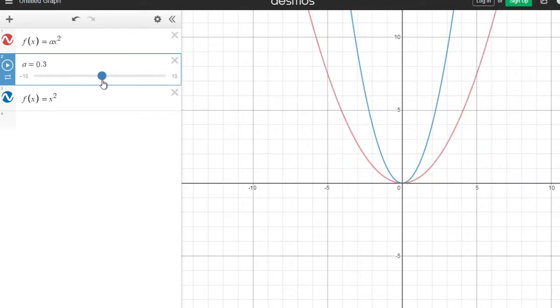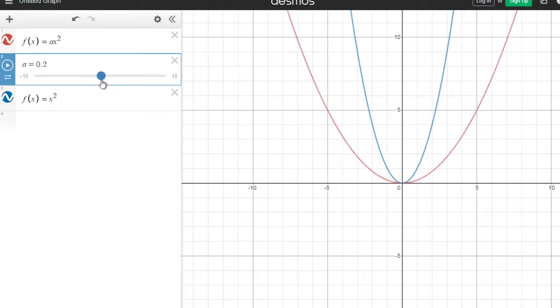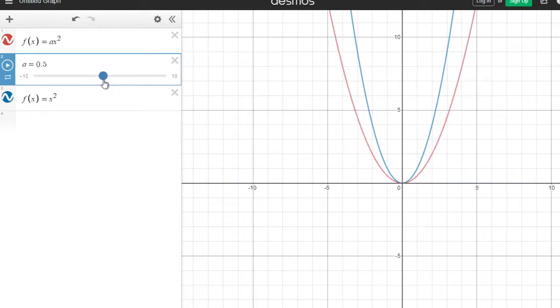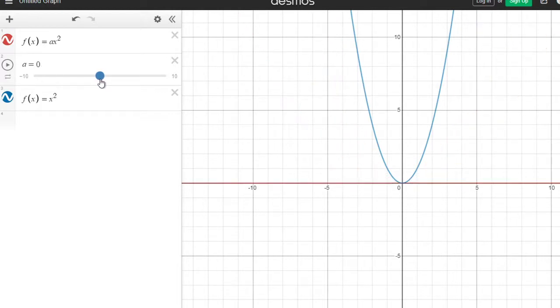Alright, so the things that made it wider were my numbers that were between 0 and 1. Alright, so we freaked out at 0 because it turned into a flat line. That's okay. What happens if I push it further? What happens if I go further? Do you see how the graph is upside down?